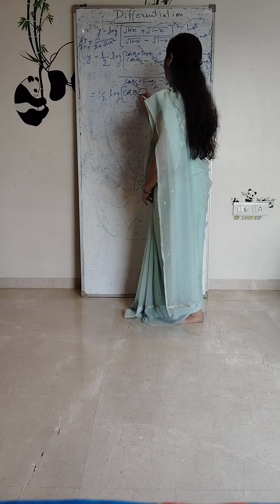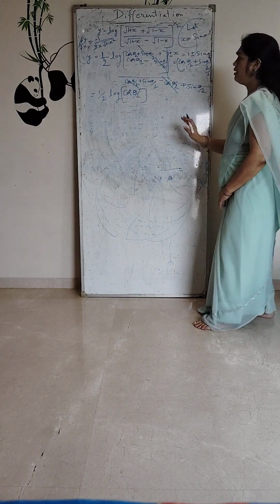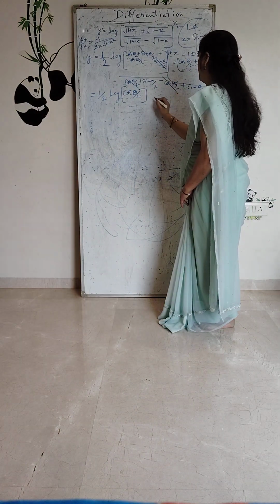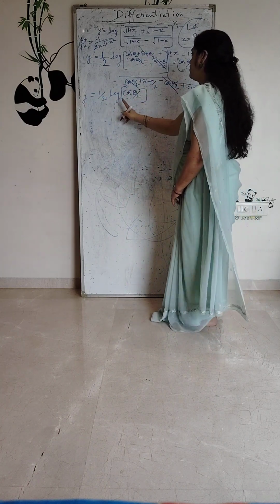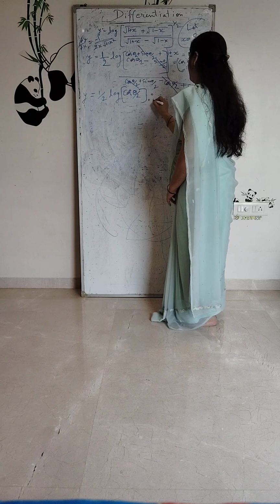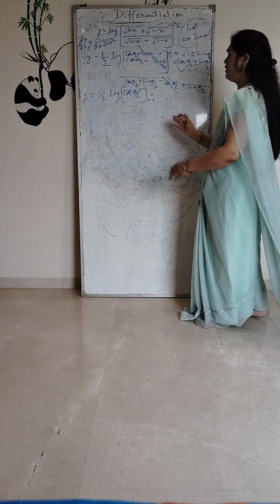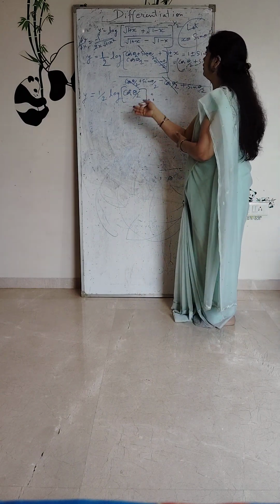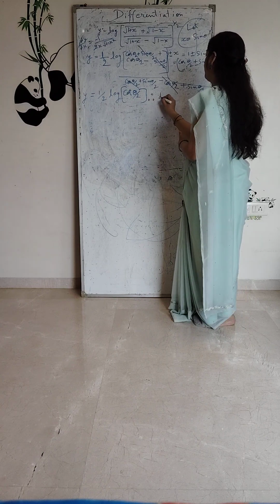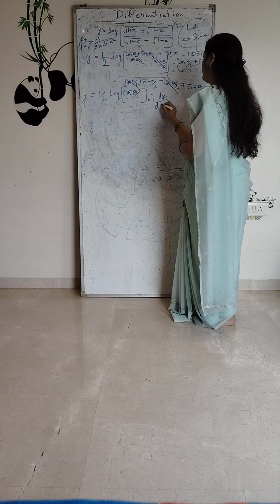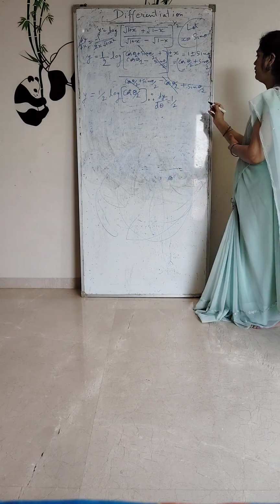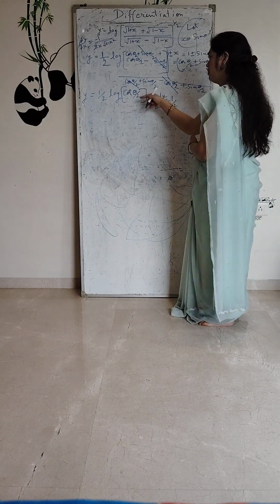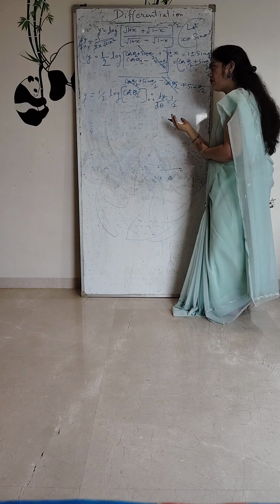I am writing directly. Now, if we differentiate y, this is theta, not x, so we will try to find dy by d theta. That will be 1 by 2 constant outside, and differentiation of log x is 1 by x.